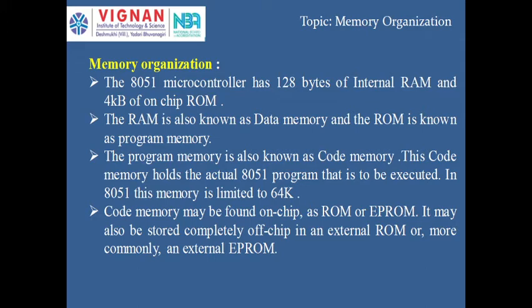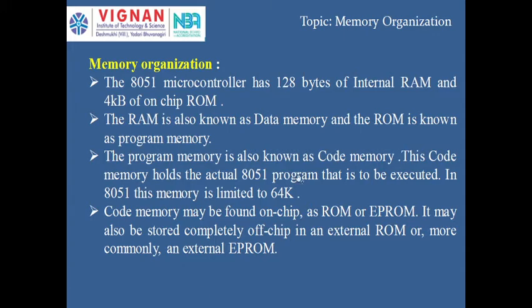This code memory may be found on chip as ROM or EEPROM. It may also be stored completely off chip in an external ROM, or more commonly as external EEPROM. So actually it has 4 kilobytes on chip, and the remaining 60K, or the complete 64K, is available on the external ROM.